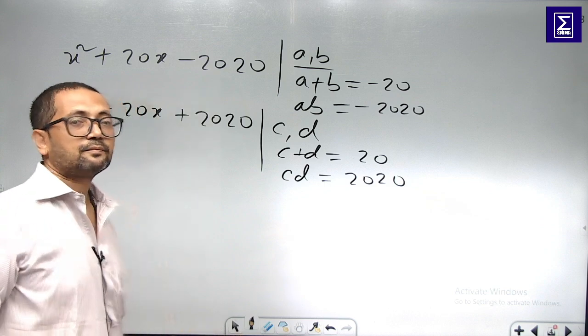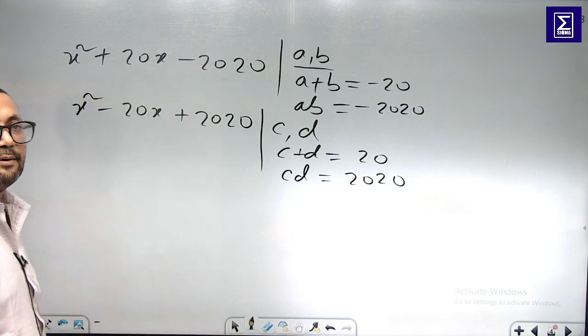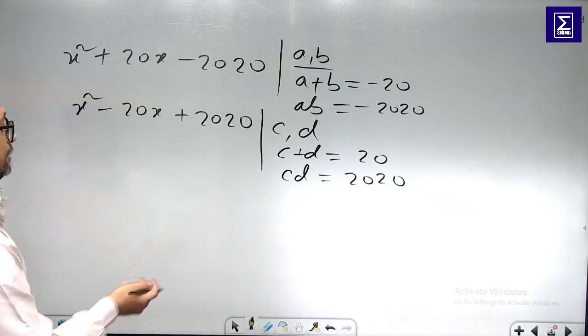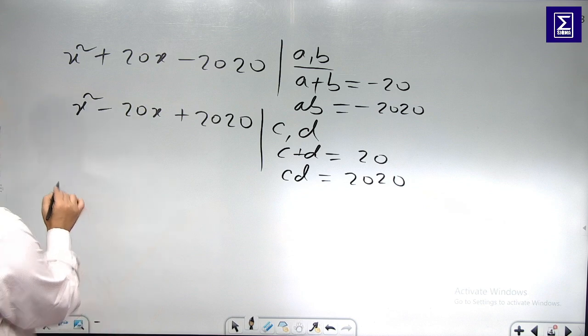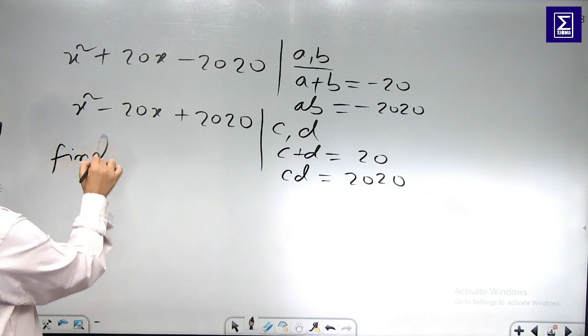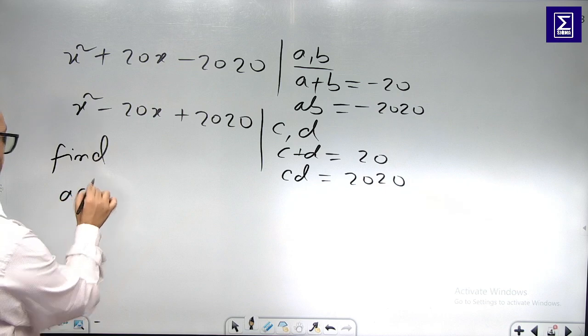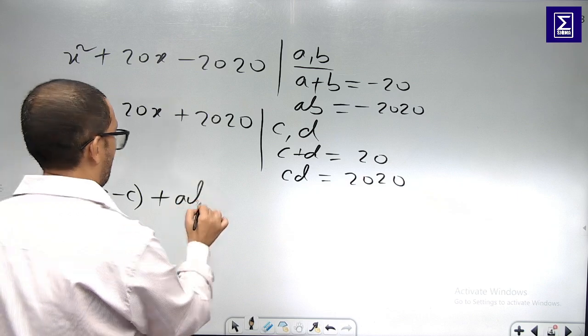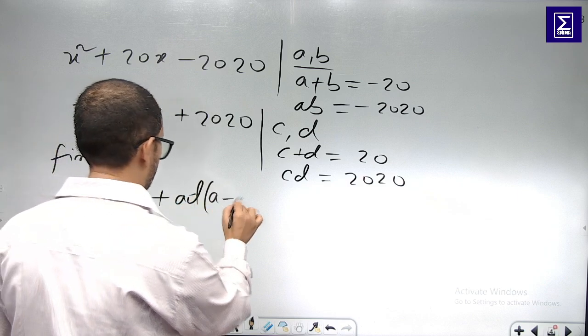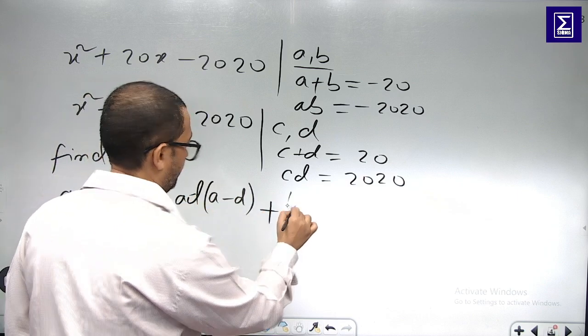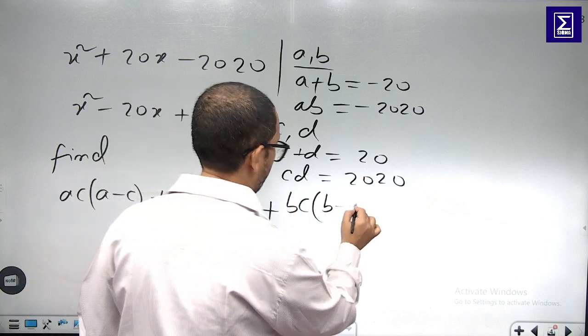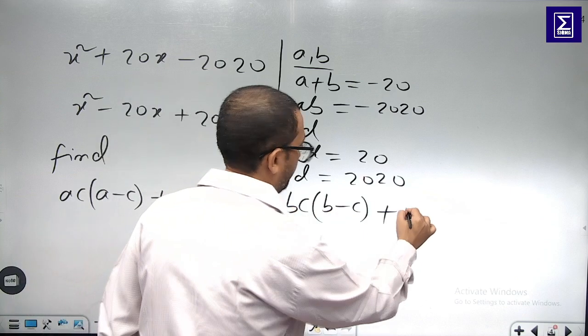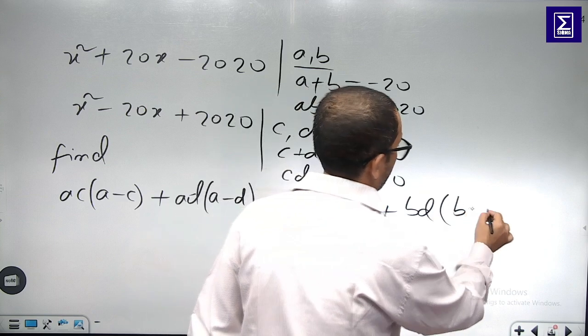Now what do we have to do? We have to do nothing, just put the values here. We have to find ac(a minus c) plus ad(a minus d) plus bc(b minus c) plus bd(b minus d).